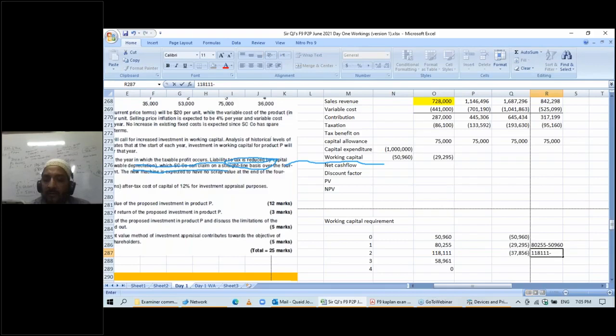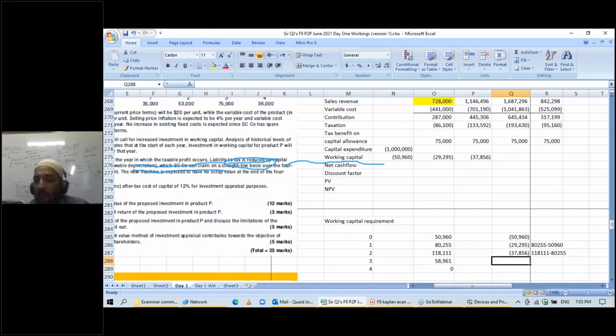118,111 minus 80,255, so this makes 37,856. So further this much will have to be given to the project. And then in year 3, the working capital requirement goes down, which means the business earns some cash out of the raw material and receivables, and it gives it back to the company.